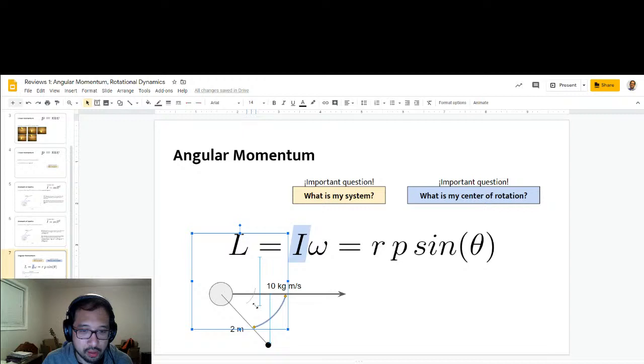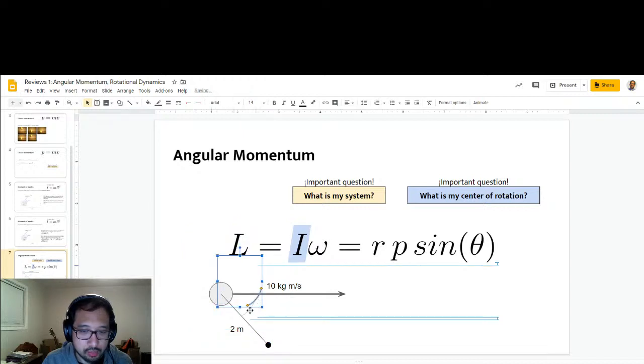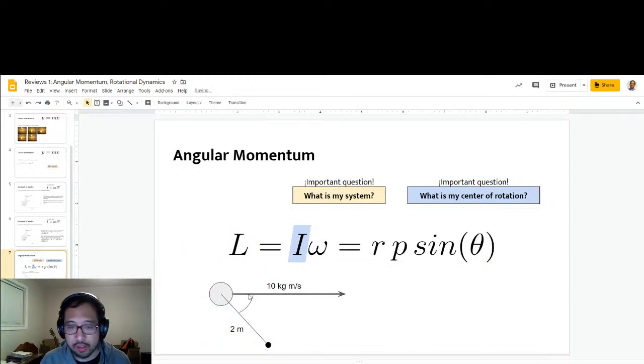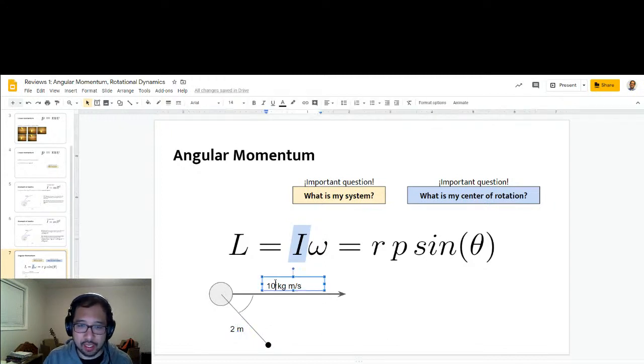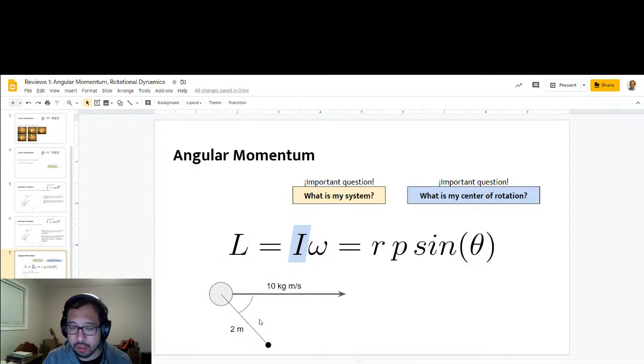Sorry for the terrible looking drawing. I forgot to do this on the slide. Okay, so if we take 2 times 10 and then multiply it by the sine of the angle here, that will give us the angular momentum.